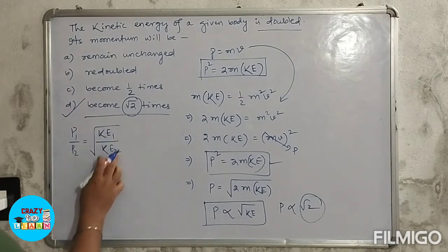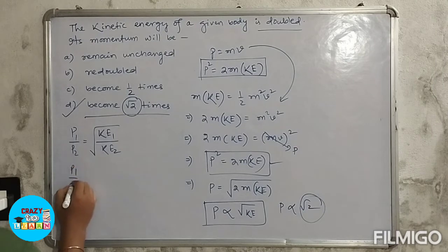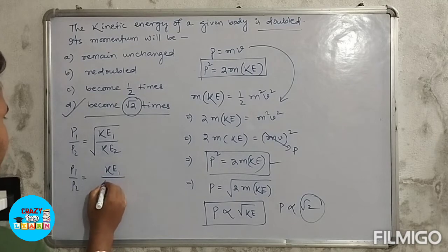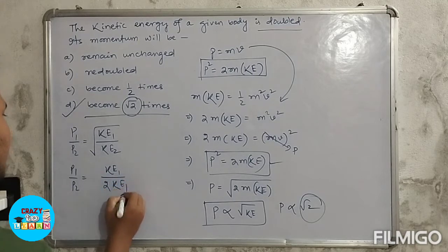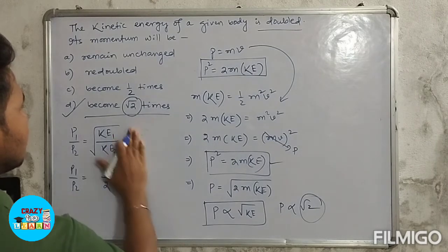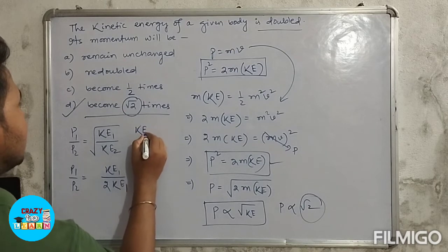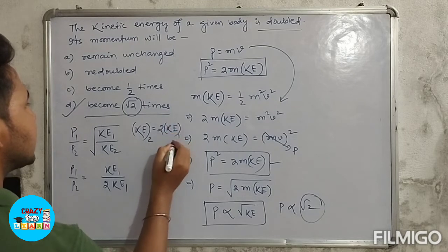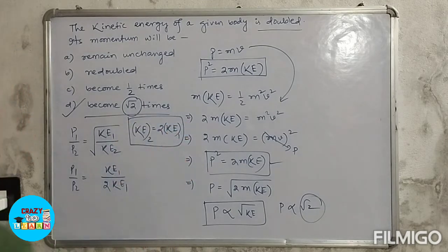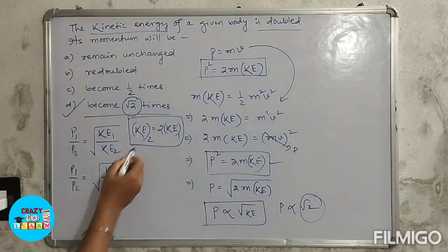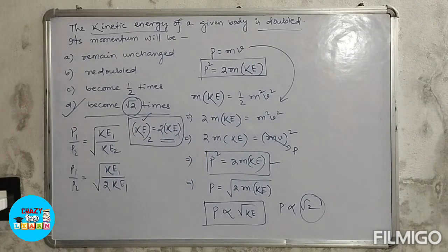For the second case the kinetic energy is doubled, so p1 by p2 is equal to square root of kinetic energy 1 divided by 2 times kinetic energy 1, because according to the question, kinetic energy in the second case is 2 times the kinetic energy in the first case. It is written, given to you, kinetic energy is doubled, so in the second case it is 2 times the first case.